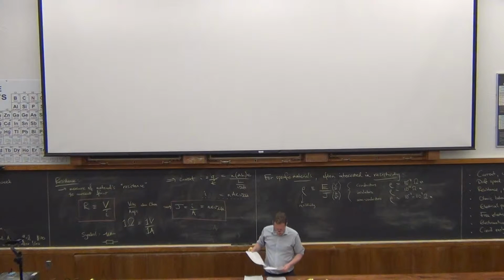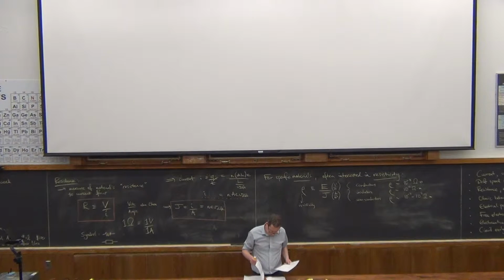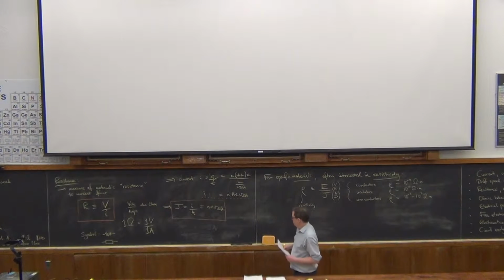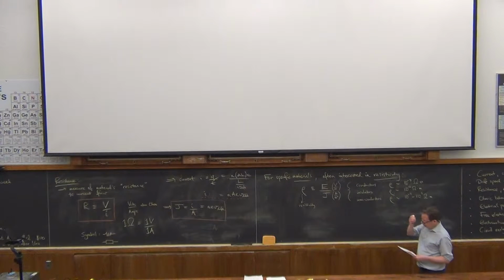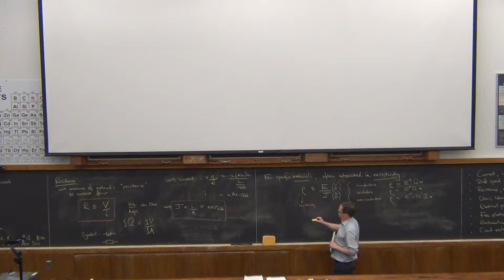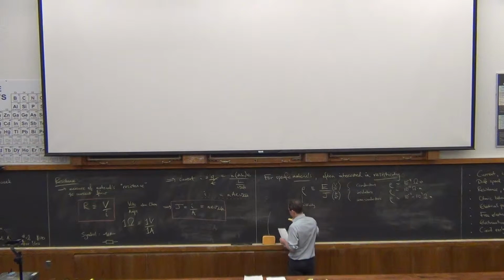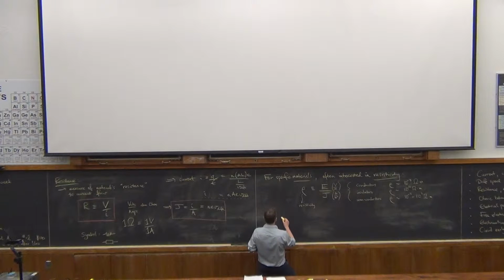Okay, so now we've got definitions of macroscopic resistance for particular devices, material-dependent resistivities. One other thing I'll throw in, though I probably won't use it at all in this class, so I'm going to put it in parentheses. You'll sometimes find people using conductivity as opposed to resistivity.